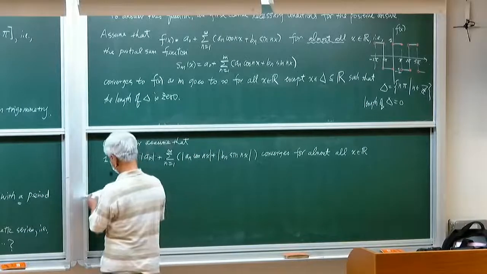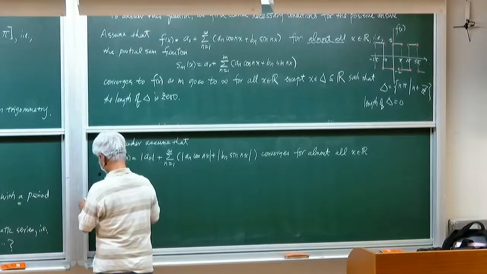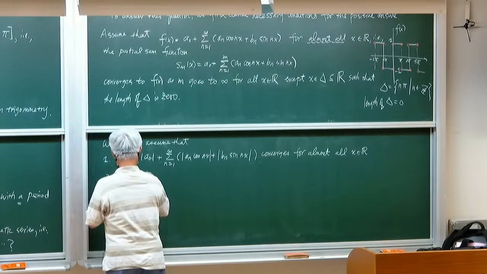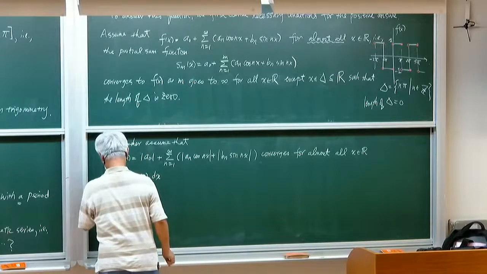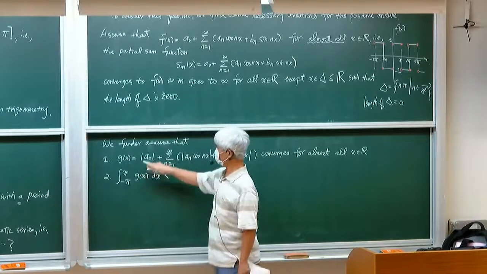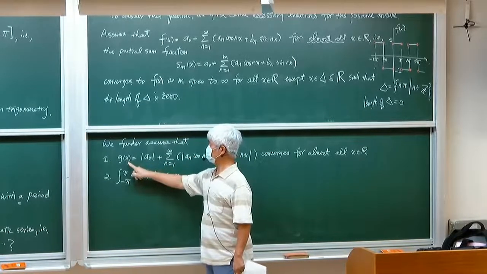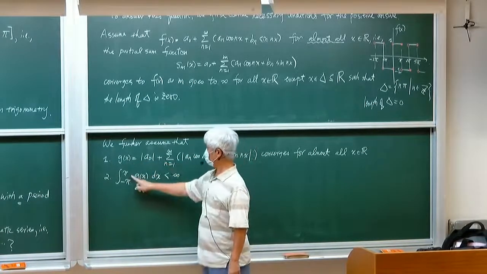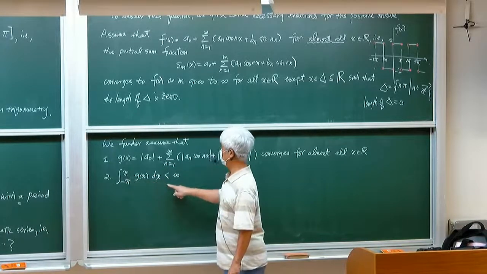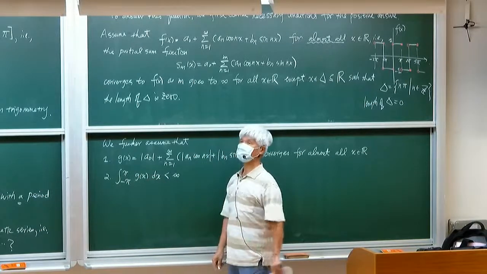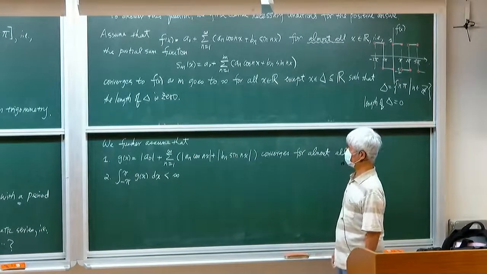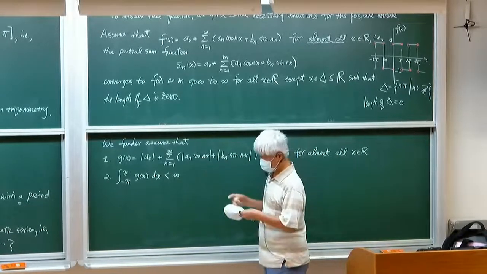Converge for almost all. The second thing is the integral. Of course, for this function, when we have the integral from minus pi to pi, the integral is finite. So we have two conditions.